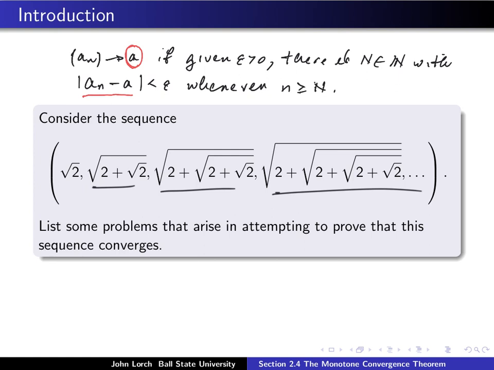Another thing that's a problem here, as you might recall, is that there's no really closed form formula for the nth term of the sequence, right? Instead, the best that we can do here, or at least it seems that the best we can do, is to have a recursive formula, right?